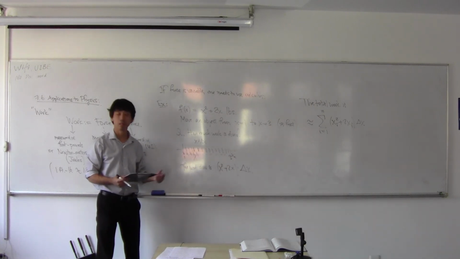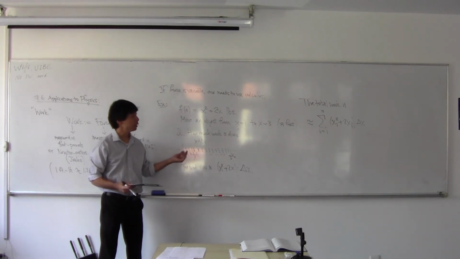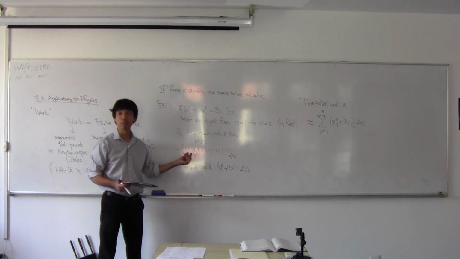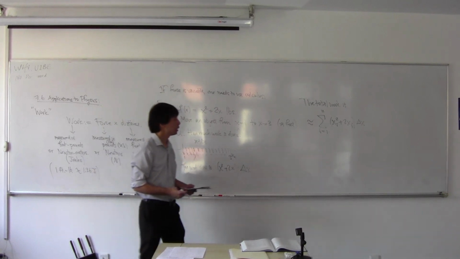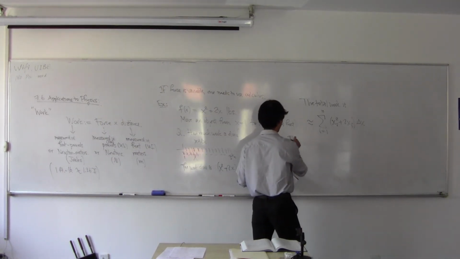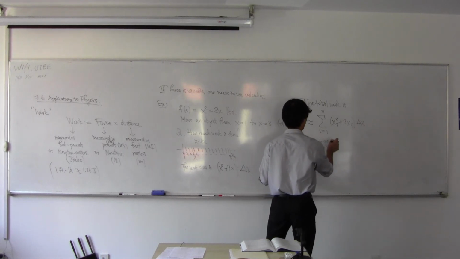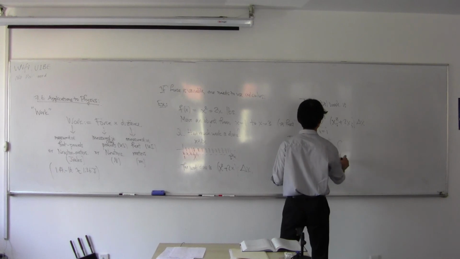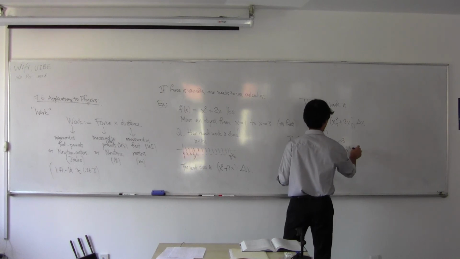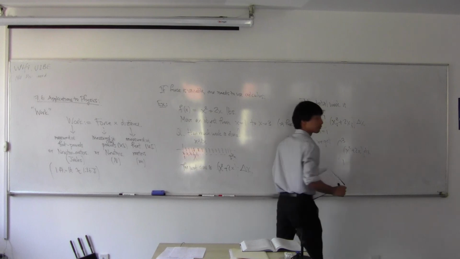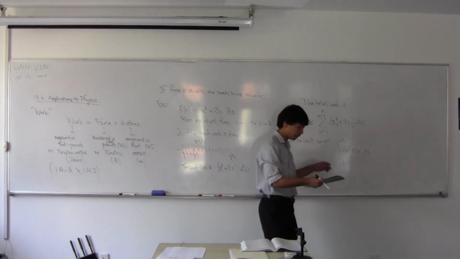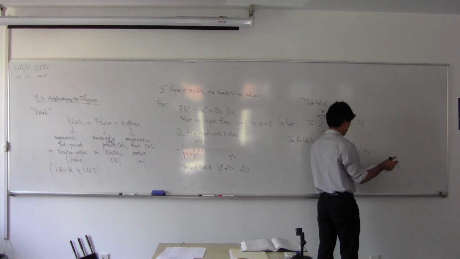The total work you can approximate by the force times the small distance. And then you take the limit. In the limit, we get the integral from 1 to 3 of x squared plus 2x dx. And that you know how to do. It ends up to be some number.